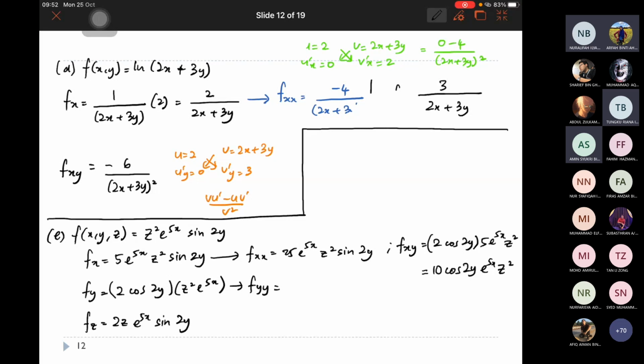So fyy dapat apa? If you do partial derivative with respect to this one. Bezakan 2 cos 2y, akan dapat negatif 4.